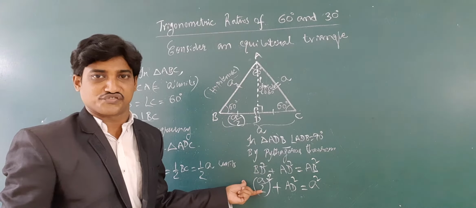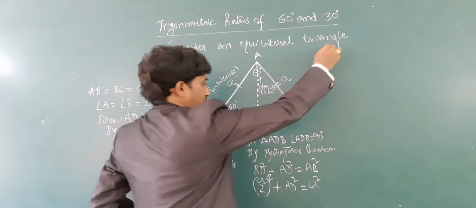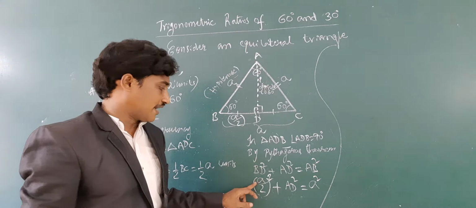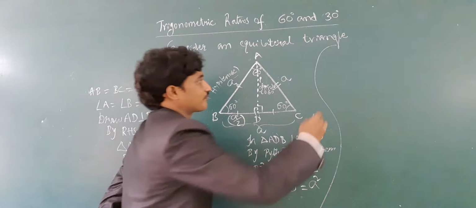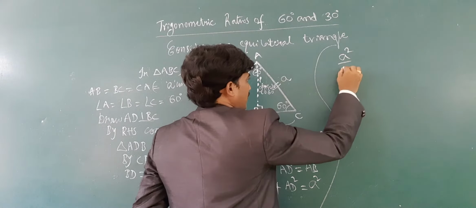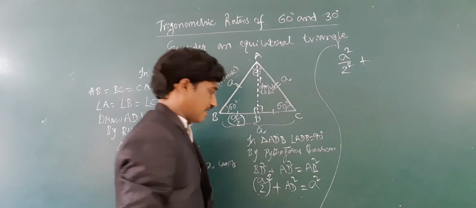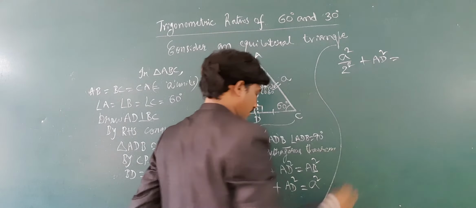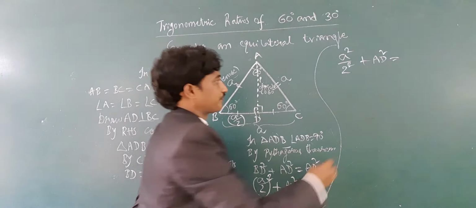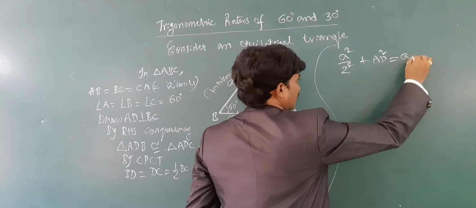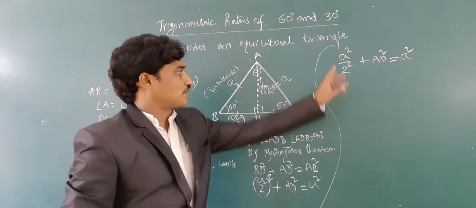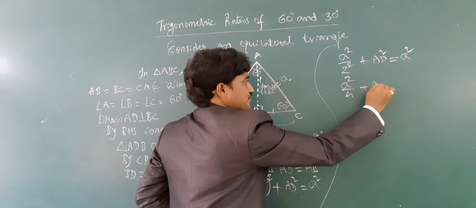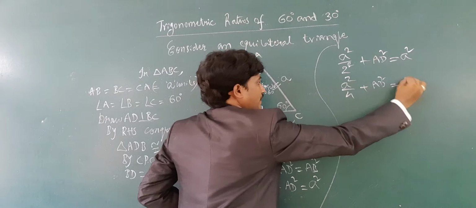Let me simplify this. Writing the square separately on numerator and denominator, A square by 2 square plus AD square is equal to A square. That is A square by 4 plus AD square equals A square.